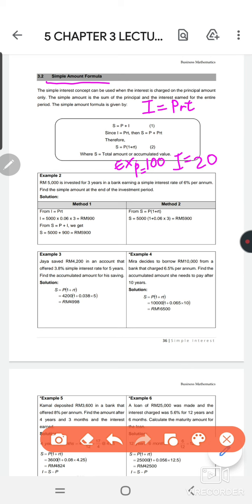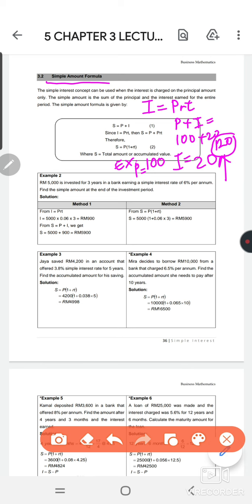So it means that you need to pay P plus I, which is 100 plus 20, so equals to 120. So it means that you need to pay 120. This is just a simple example.